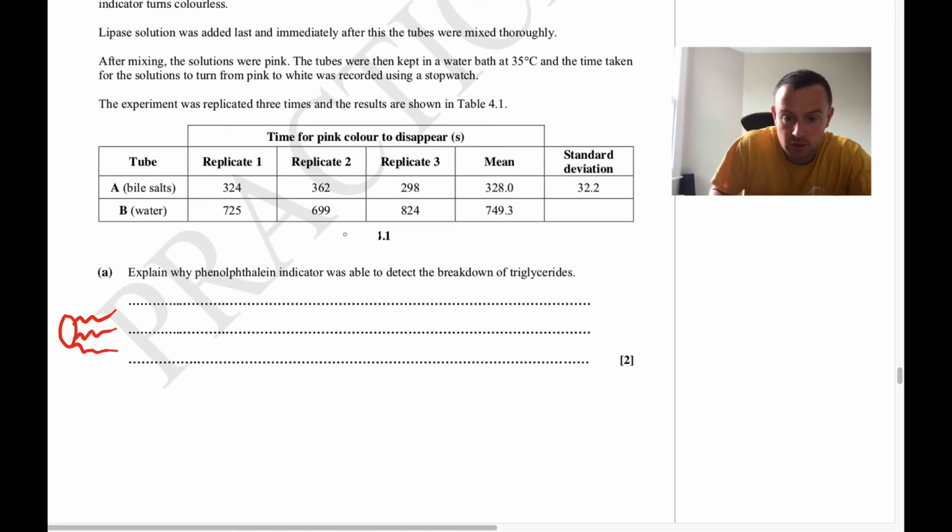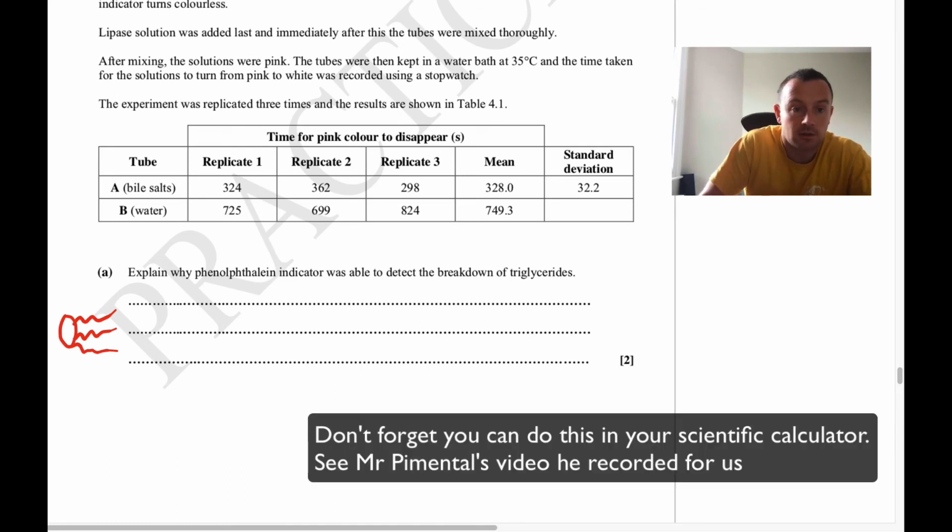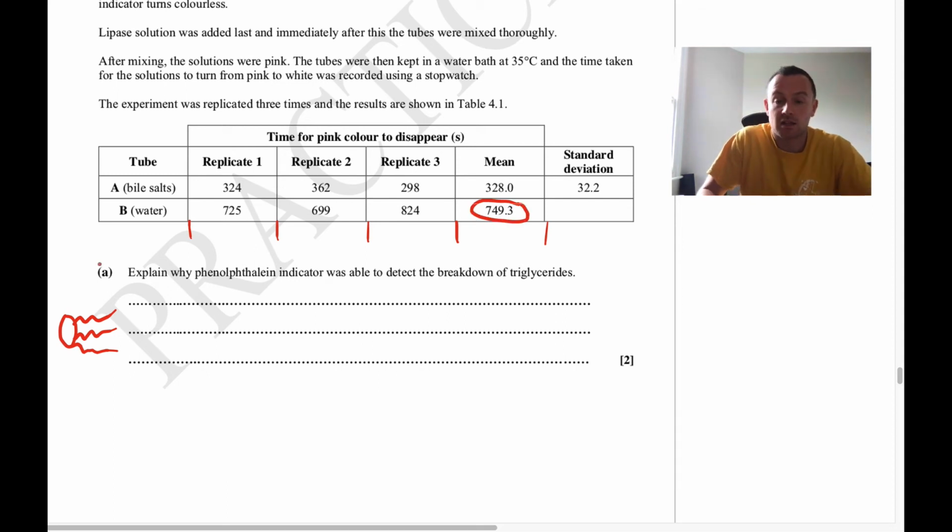So I'm just going to add a row to my table down here. We're already given x bar, which is the mean. So now we need to do x, the value, minus x bar. So I'm going to do that. I'll just edit this to make it a bit faster.